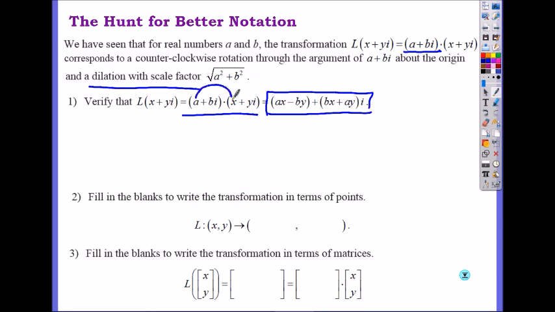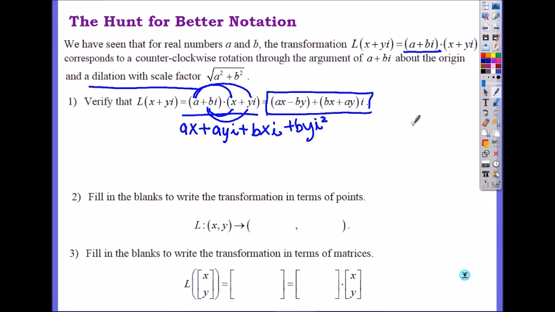So a times x, ax. A times yi is positive ayi. Bi times x is bxi. And bi times yi is byi squared.